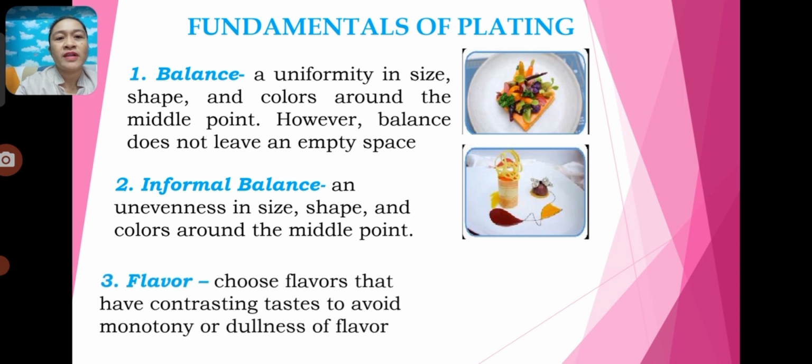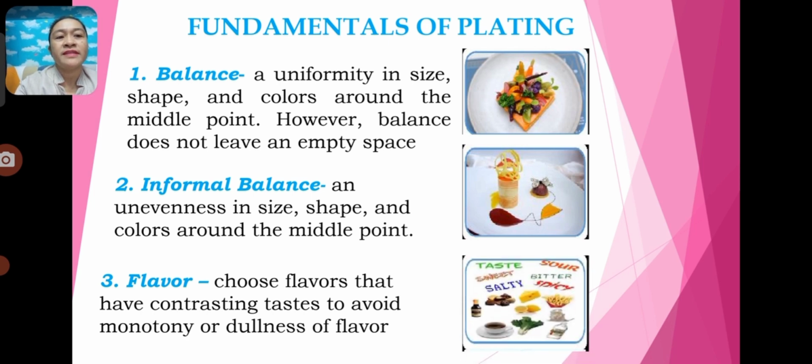Next, we have flavor. So flavor, you need to choose a flavor that has contrasting taste to avoid monotony or dullness of a flavor. So we have different taste. It shows there on the right side. So we have taste like sweet, sour, bitter, spicy, and salty. So those are the different flavors.